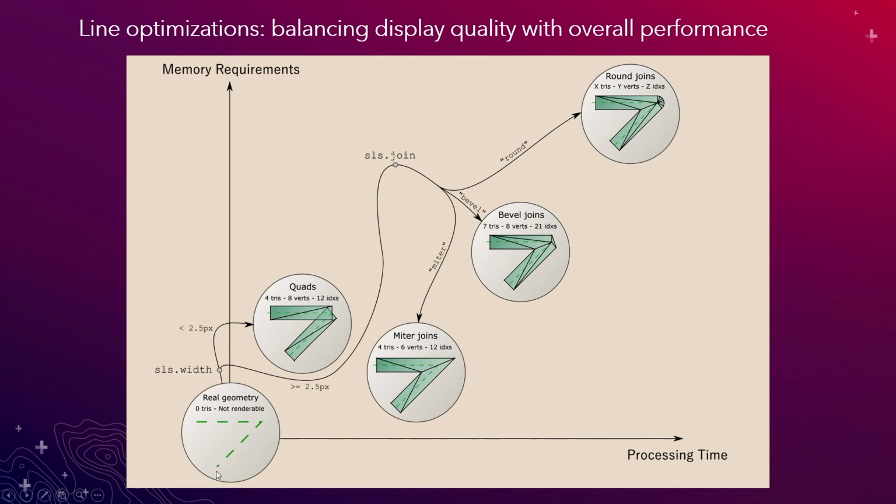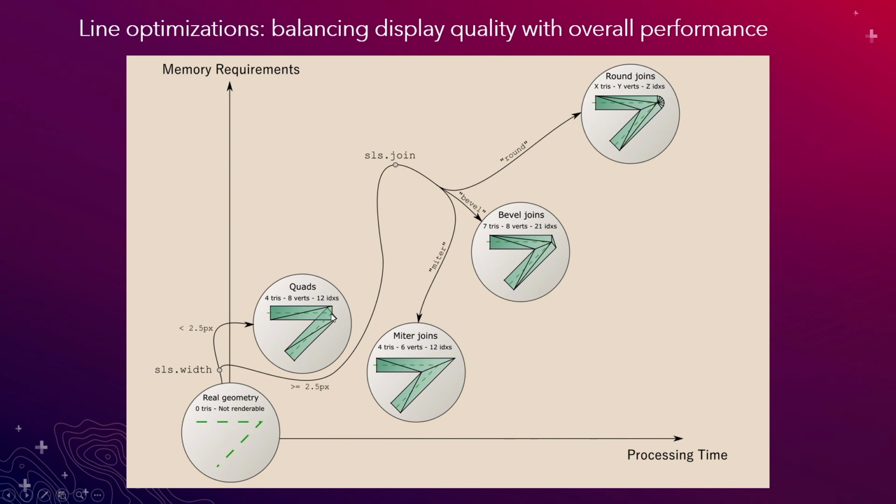And we have a rule set. If it's less than 2.5 pixels in width, we found that you cannot even tell, so we use this quad-based approach to triangulate. We ended up with 4 triangles, 8 vertices, and 12 indices. It's fairly low in memory, and it's very low on processing time.